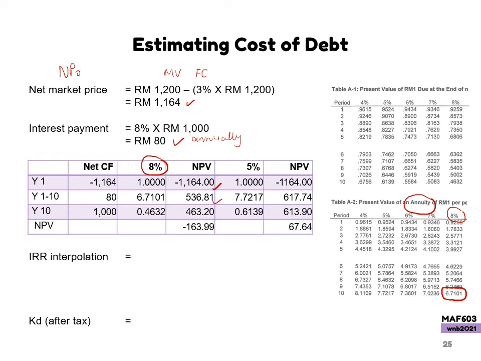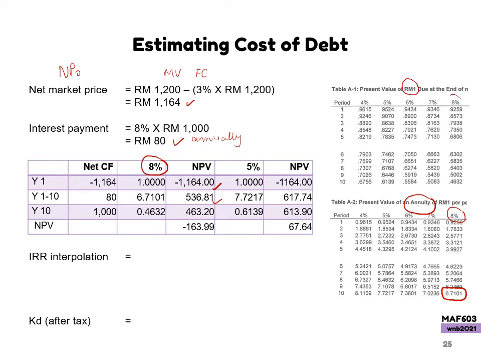RM536.81. Dan pada tahun terakhir, masa year 10 ni, kita dah nak redeem balik our debenture tadi tu. Redeem at par value. So, par value dia adalah 1000. So, bila nak redeem, sekali sahaja you redeem. Therefore, you tak boleh guna table annuity. You kena guna present value of RM1.